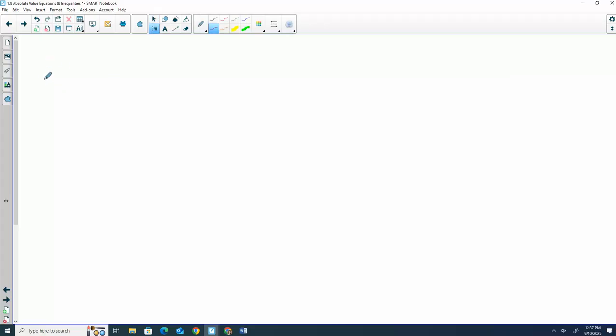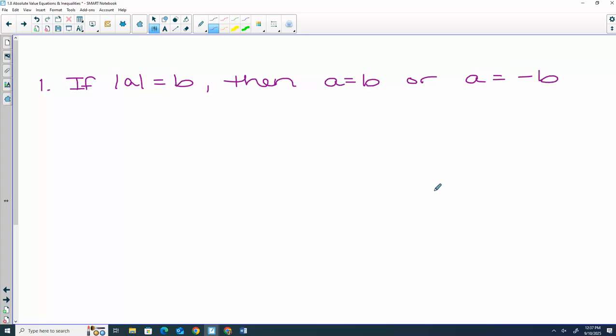So, for absolute value equations, if I say the absolute value of A equals B, to solve that, you make 2 separate equations because it could be that the thing you put in was positive or it could be a negative.